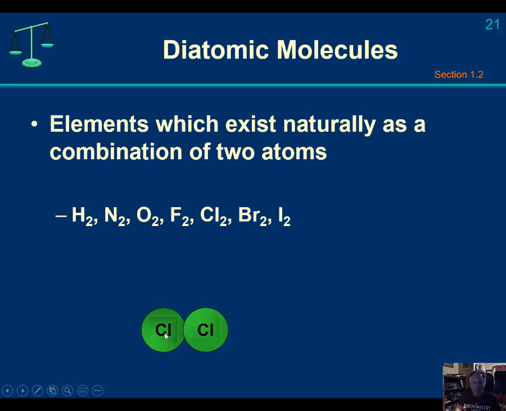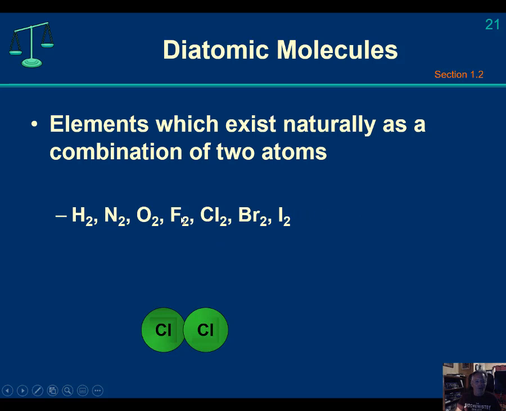Here is chlorine, which is inherently unstable. We'll get to why later, but it's inherently unstable as a solo, what we call a monoatomic element. So what chlorine does in the presence of other chlorine atoms is they will hook up and bond to another chlorine atom to become Cl2, a diatomic molecule.